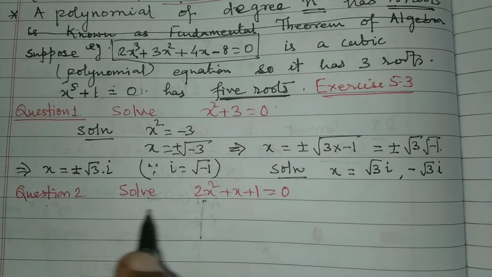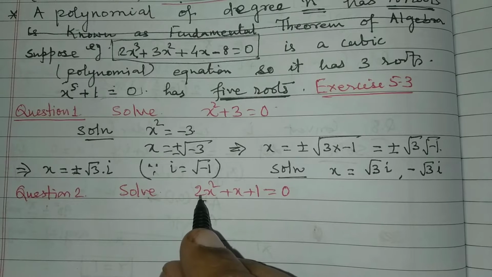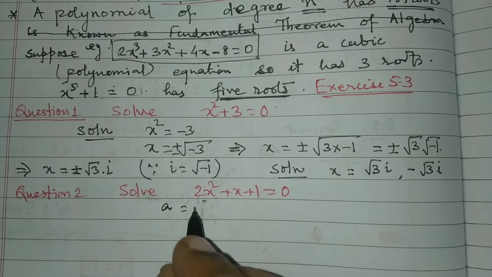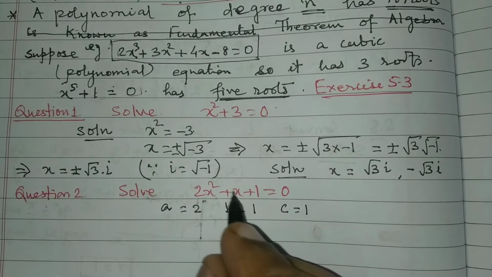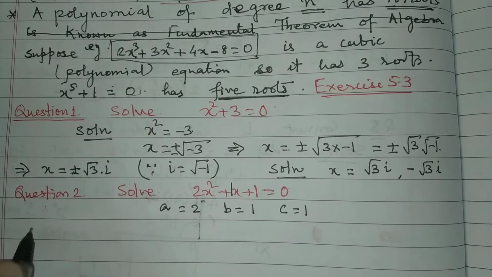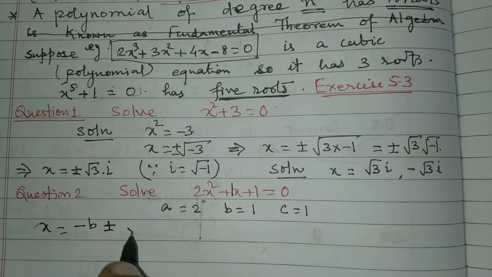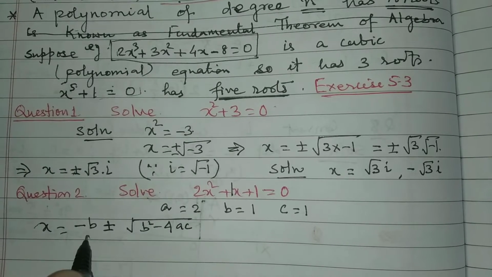Now we are coming to the next one, question number 2. 2x square plus x plus 1 is equal to 0. So a is equal to 2, b is equal to 1, and c is also 1. Therefore x is equal to minus b plus minus root under b square minus 4ac divided by 2a.